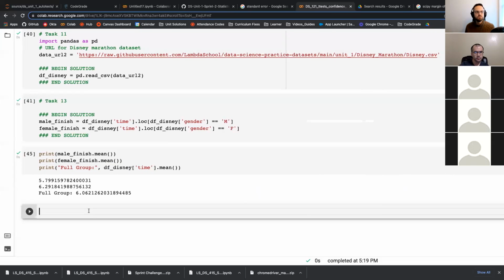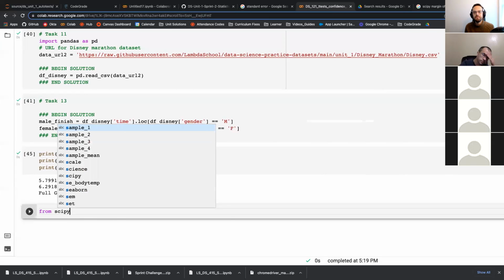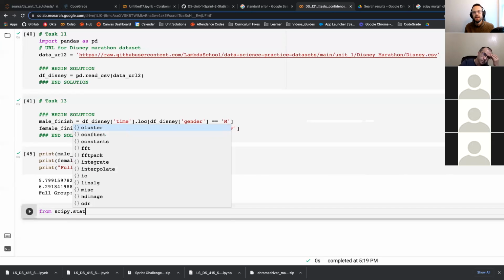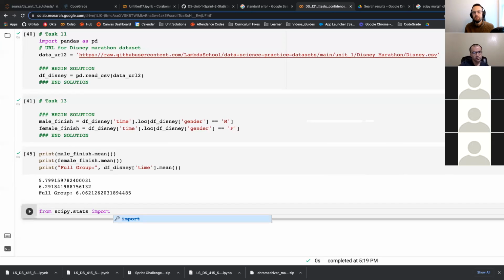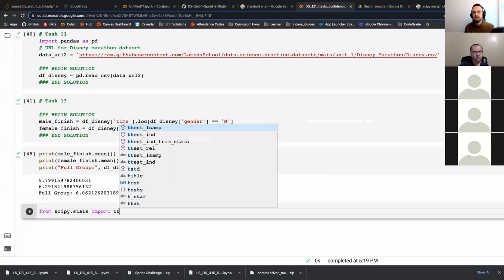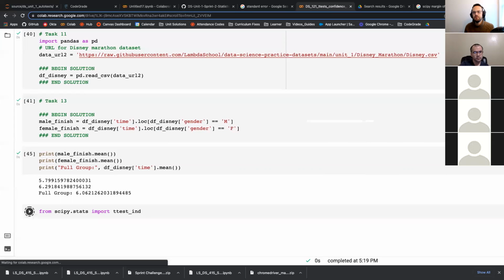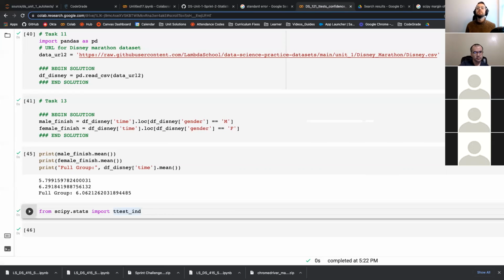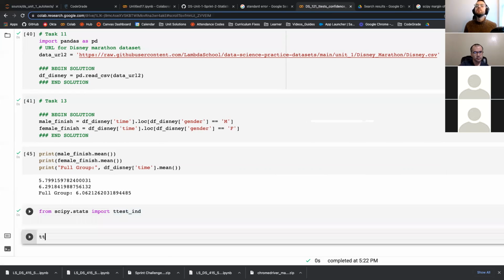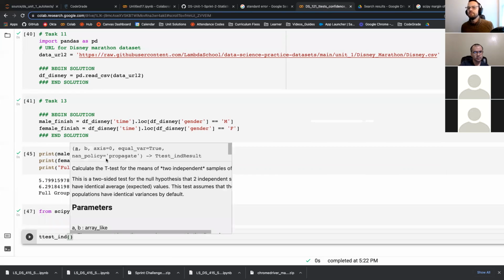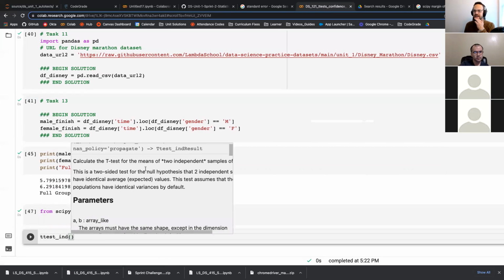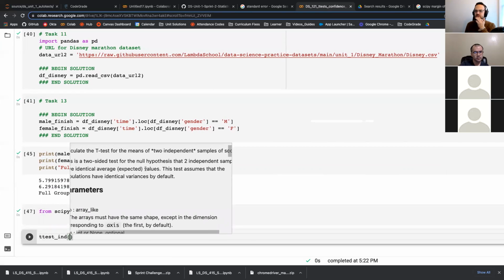When you run that as one of the tests, from SciPy stats, let's go ahead and just import the tool directly: the independent sample t-test. What we're running is looking at the t-test for these two values.